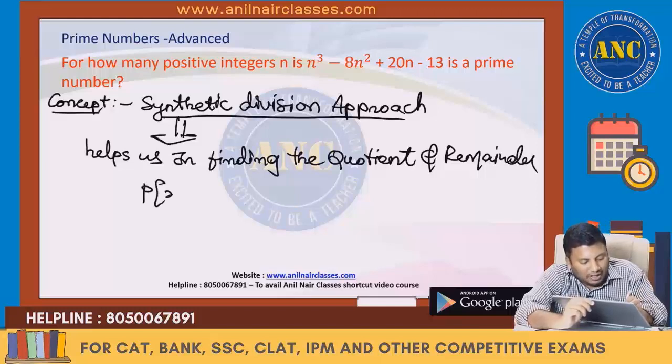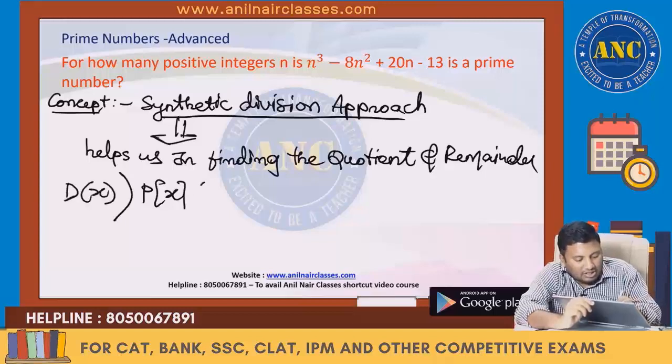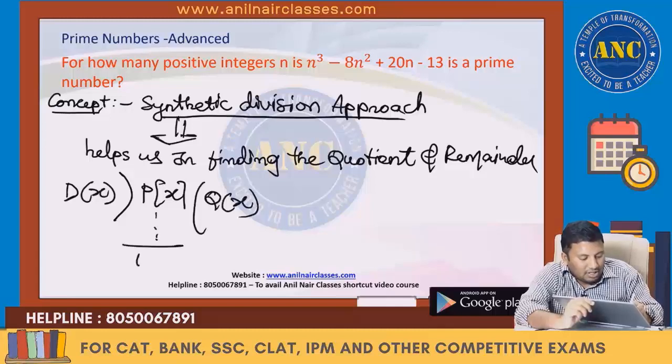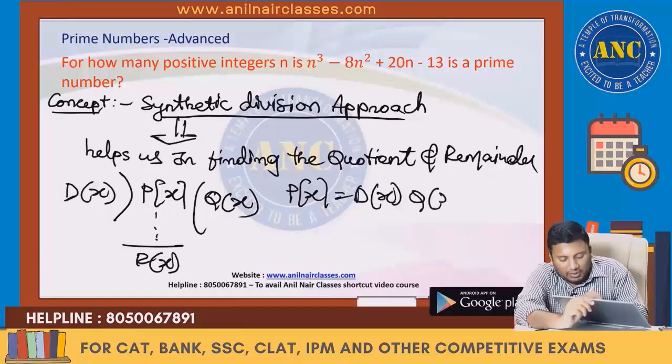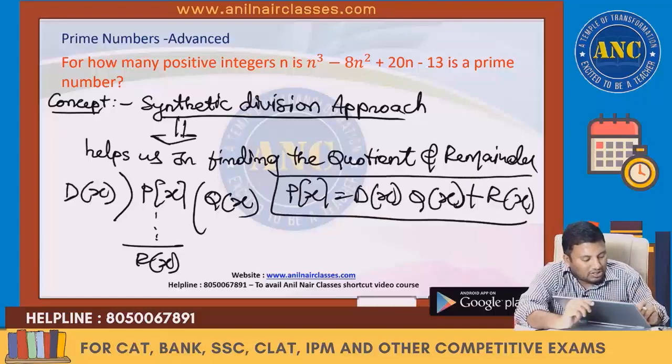If P of x is the dividend, the divisor is d of x, the quotient is q of x and the remainder is r of x, then dividend equals divisor into quotient plus remainder.